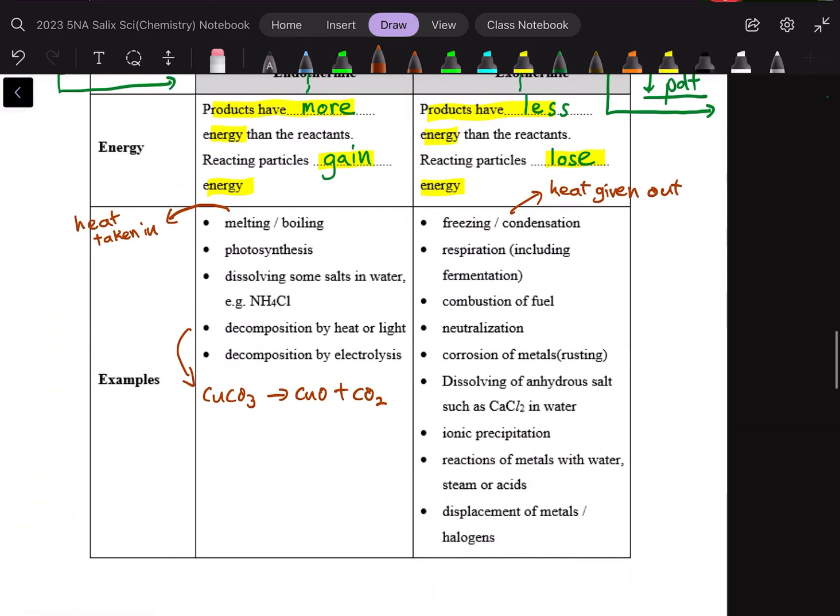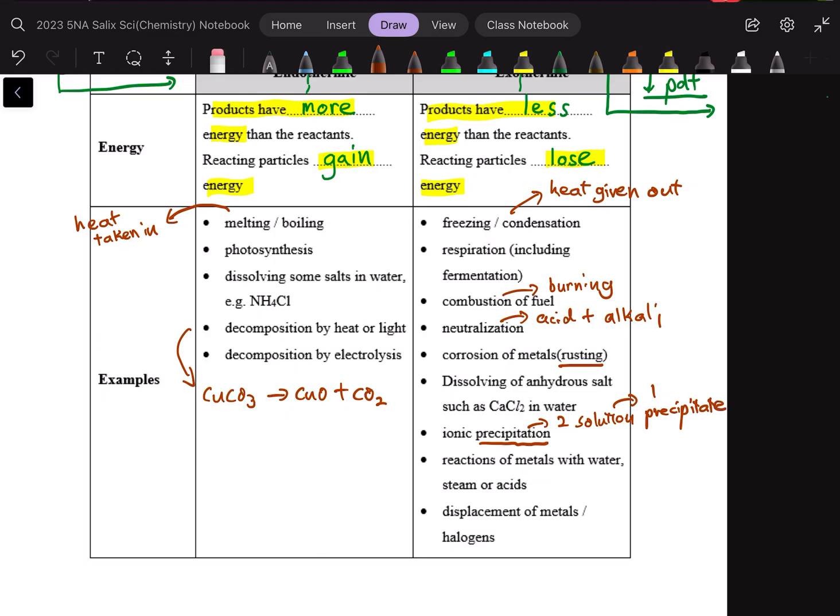Respiration is energy given out, as well as combustion, which is actually burning. Neutralization, I hope you know, is acid plus alkali. You should have learned that. Rusting is also exothermic. Or precipitation, whereby you add two solutions together and it gives you one precipitate, an insoluble salt.